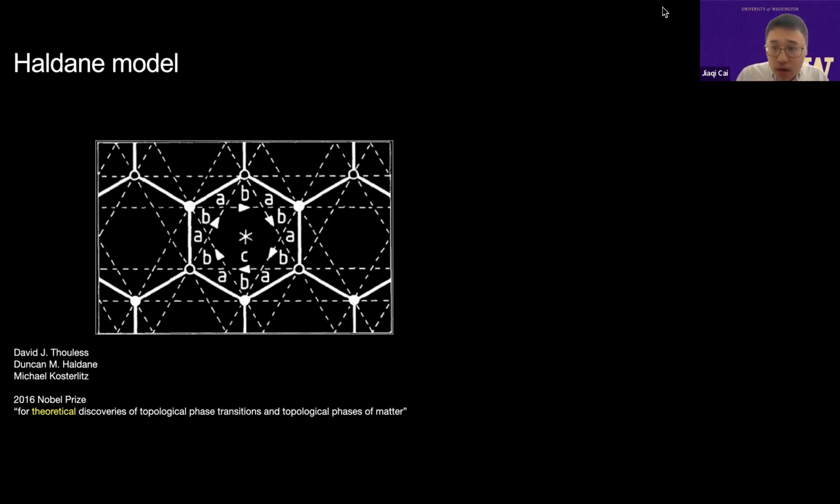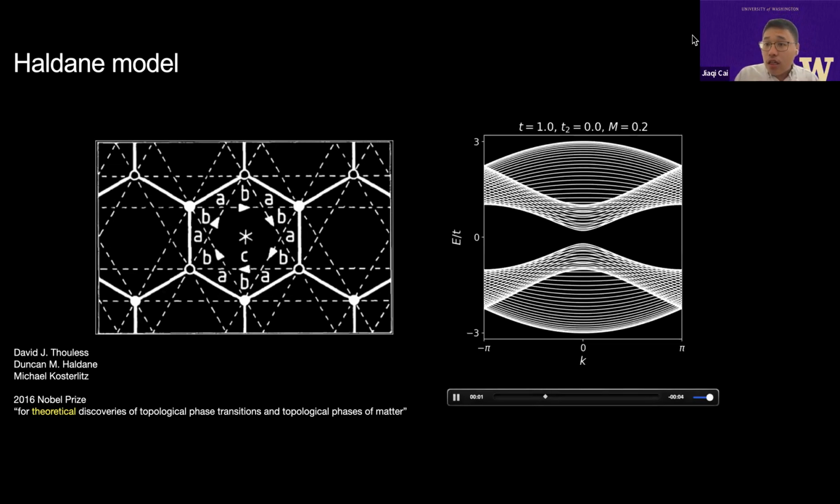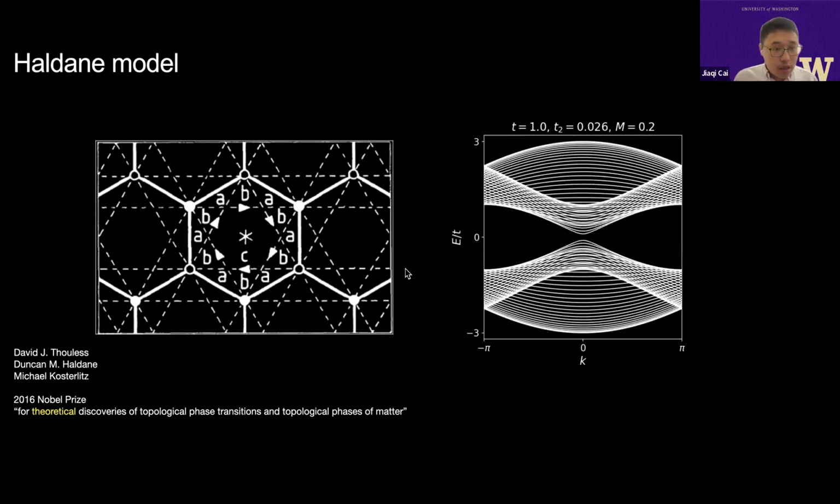Haldane constructed a lattice model that has a non-zero Chern number, and it can give you a quantized Hall effect. This tells people that not only the band structure matters, but also the wave function and the ground state topological number.